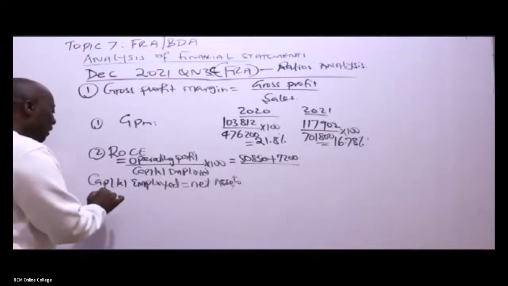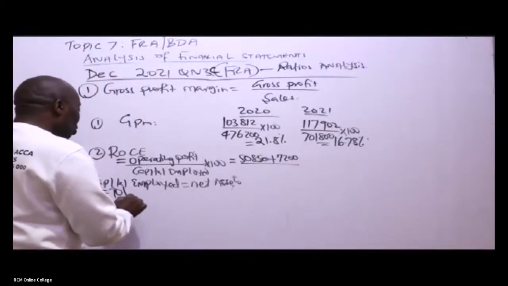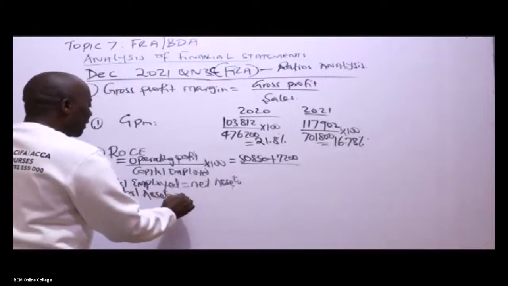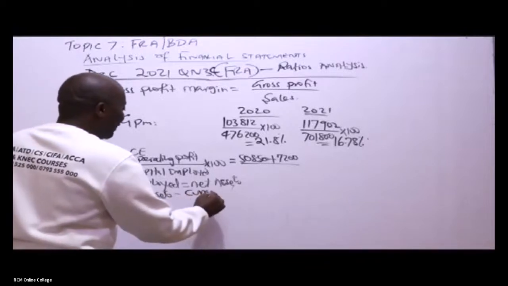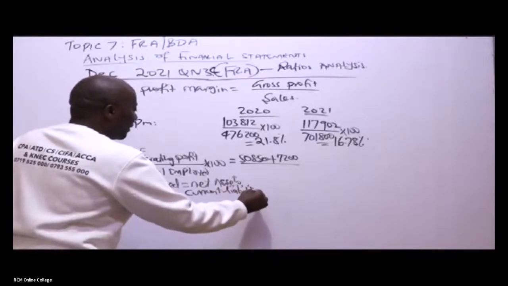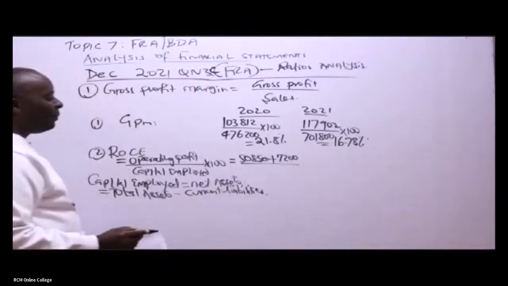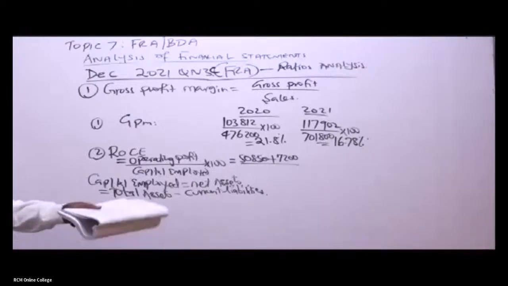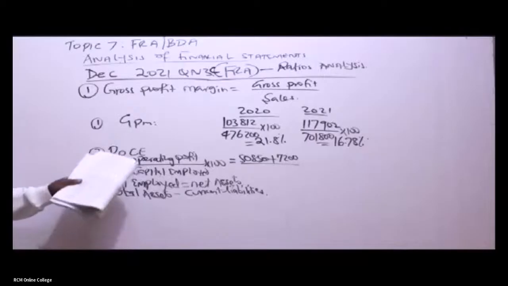And the net assets will be the same as total assets minus current liabilities. Total assets minus current liabilities. I'll be able to go back and repeat that, but let's finish this and then I'll repeat this.